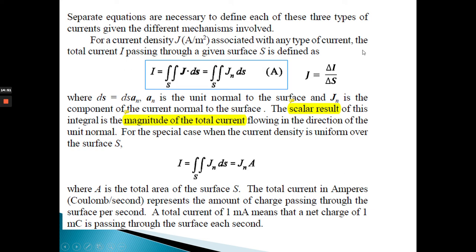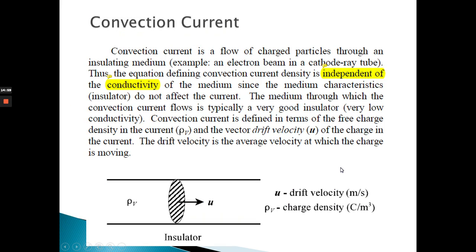These principles are actually the same for all three materials. So now we go to the convection current. A convection current is defined by a charged particle moving through any insulating medium.